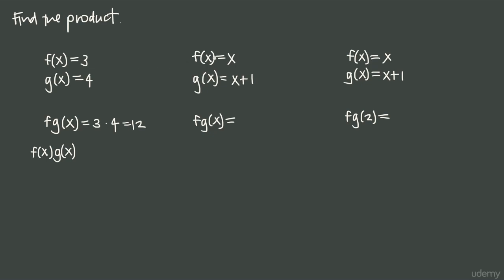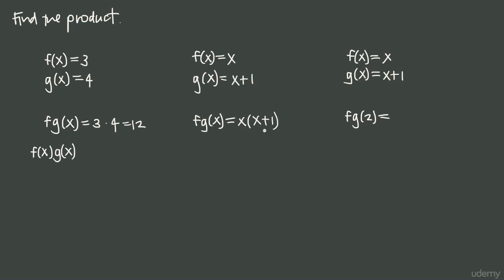So if we have functions where f of x is equal to x, a variable, and g of x is equal to x plus 1, then we can find the product fg of x simply by multiplying the right-hand sides here, just like we did when we took 3 times 4. So instead of 3 times 4, this time we'll take x times x plus 1. So we would say x multiplied by x plus 1.